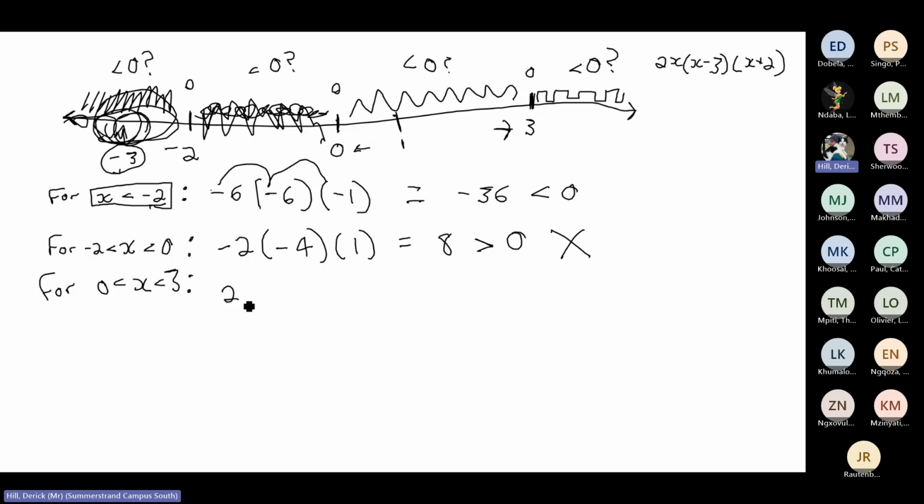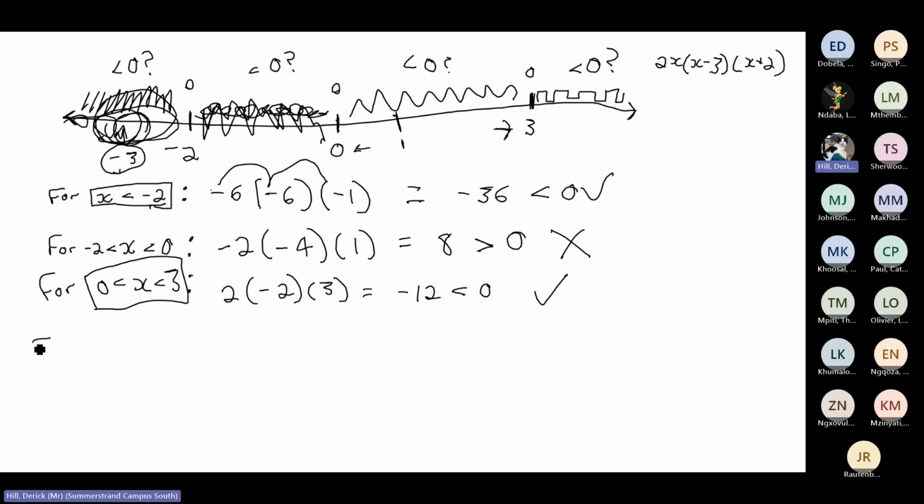So a 1 is going to give me 2, minus 1 minus 3 is minus 2, and 1 plus 2 is going to give me 3. That's going to give me 6 times minus 2, which is minus 12, which is less than 0, which is a tick. So we are going to look at this interval in our final answer.